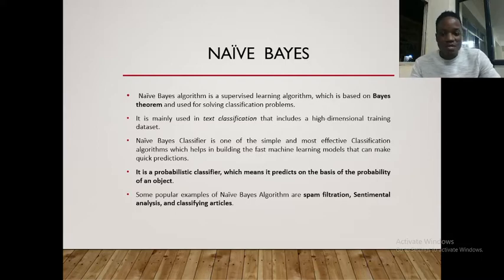It's also a probabilistic classifier, which means it predicts on the basis of the probability of an object. Some popular examples of naive Bayes algorithms are spam filtration, sentiment analysis, and classifying articles.